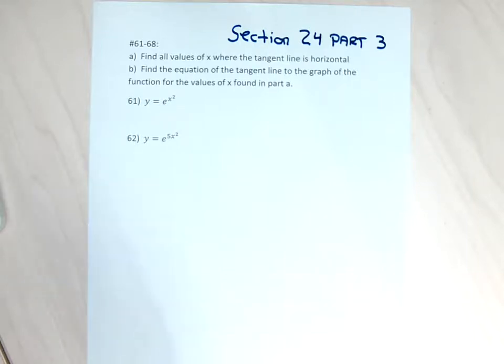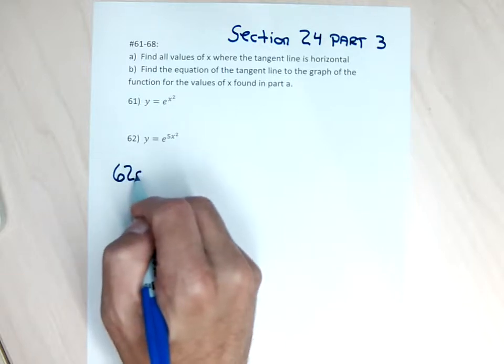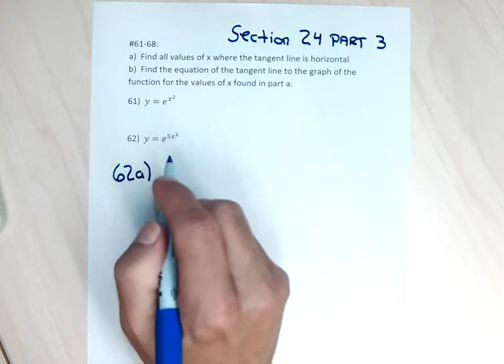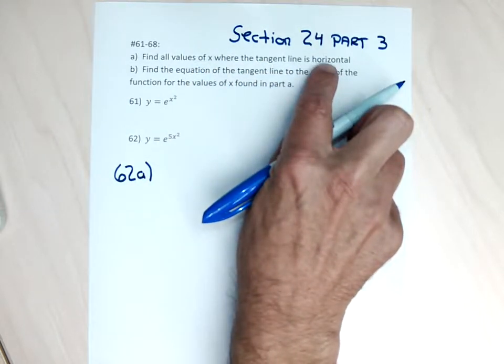So for each of the questions between 61 and 68, there's a part A. And essentially, part A wants me to find any value of x where the tangent line is horizontal.